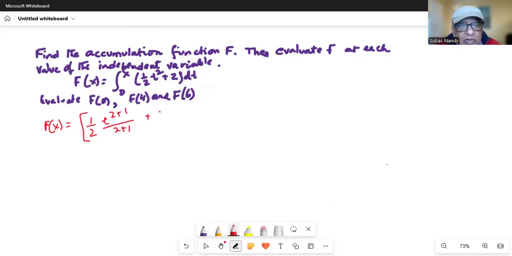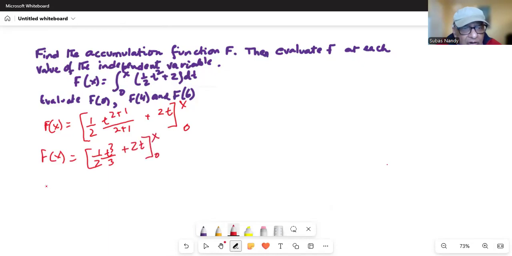plus 2. Integration of 2 dt is 2, the constant, and t, and the limits of integration are from 0 to x. So this becomes F of x equal to half t to the power of 3 divided by 3 plus 2t, again the limits are from 0 to x, or F of x equal to half, half times 2 in the denominator and 3 in the denominator, they get multiplied. 2 times 3 is 6, and we have t cubed.